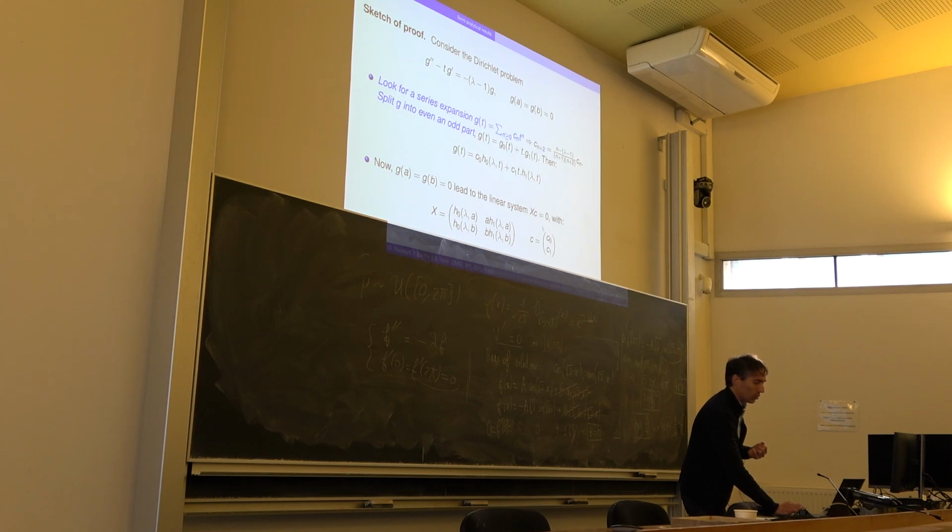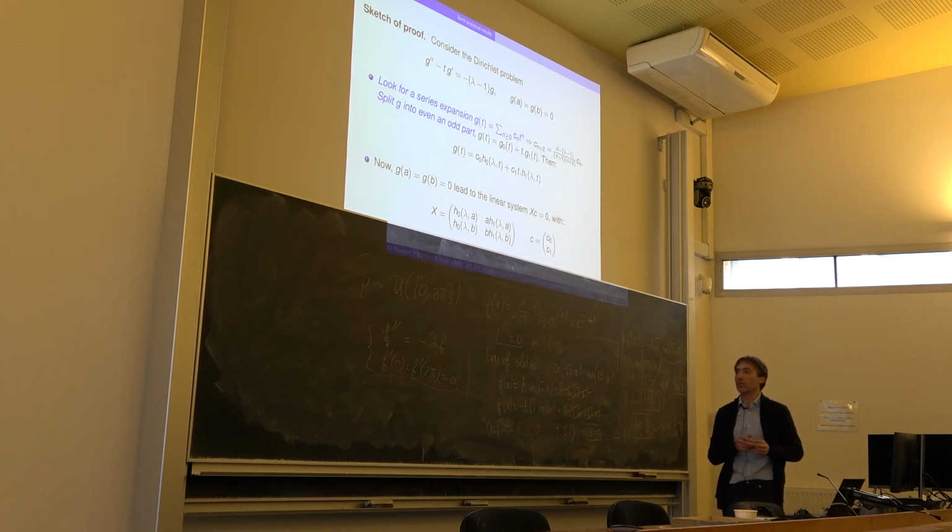Because otherwise you will find that it has a unique solution and the function will be 0. So it gives you a determinant equal to 0, and this gives you lambda. So in general, lambda is not given explicitly, but it is the zero of a determinant. Here we were lucky because it was given explicitly like this.